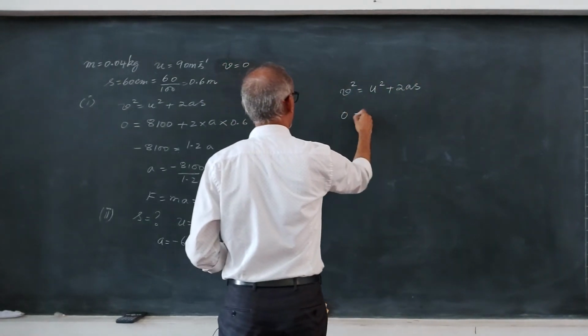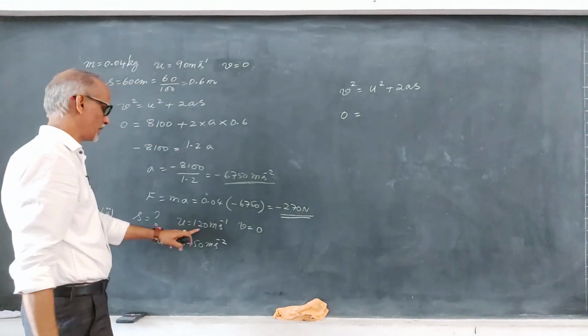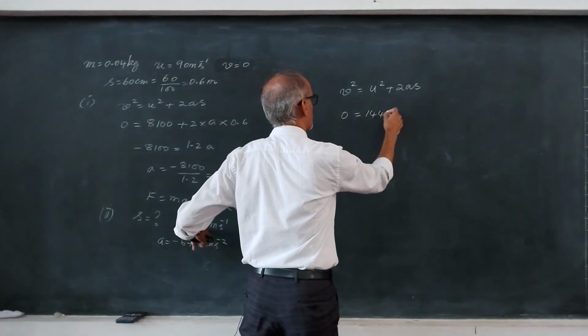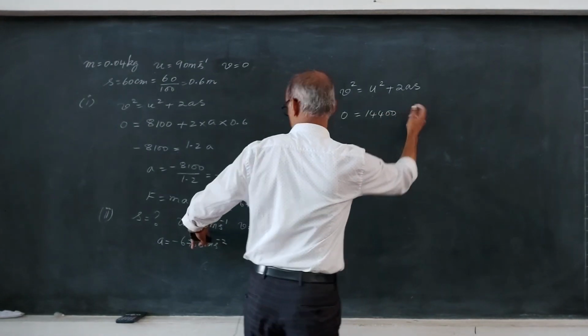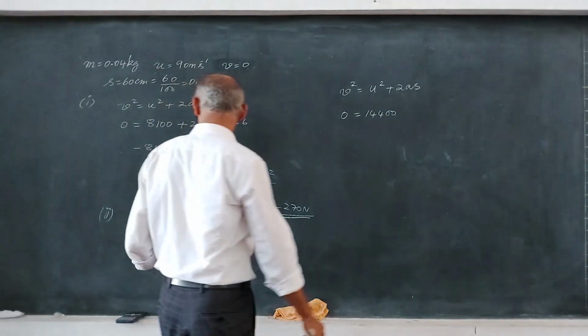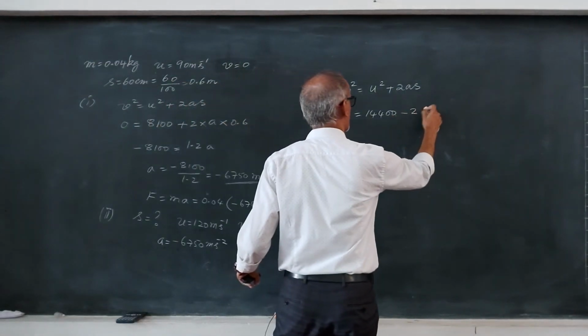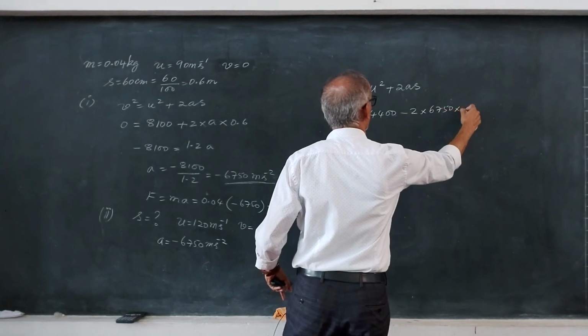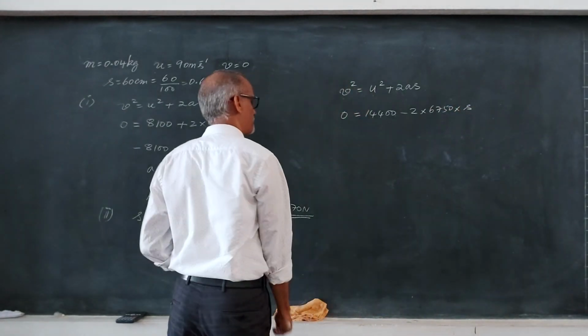Final velocity is 0, initial velocity is now 120 square. 12 square is 144, and then double 0, that is the square of 120, and then minus 2 into the acceleration, 6750, into the distance, which is what we need to calculate.